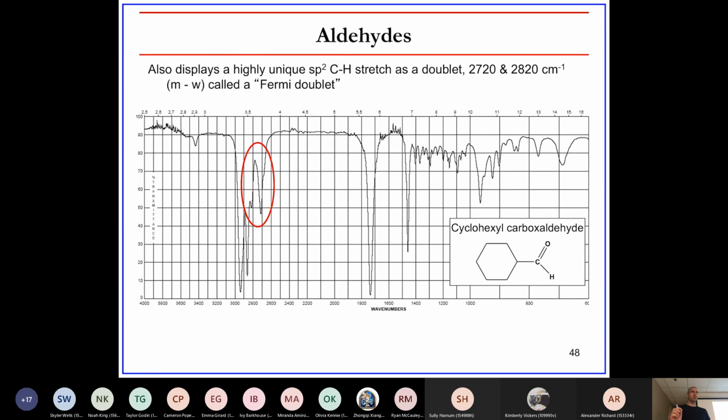So that hydrogen bonded to the carbonyl carbon gives a unique feature that you only see for aldehydes, and it's called a Fermi doublet. It gives a peak usually around 2700 and 2800 reciprocal centimeters. And you can see it here. There's definitely one peak there, and a second peak that's there as well, but it's kind of overlapped by this peak here.